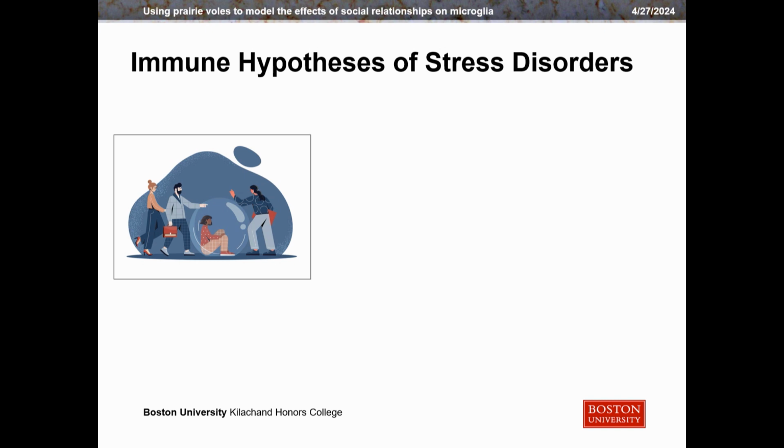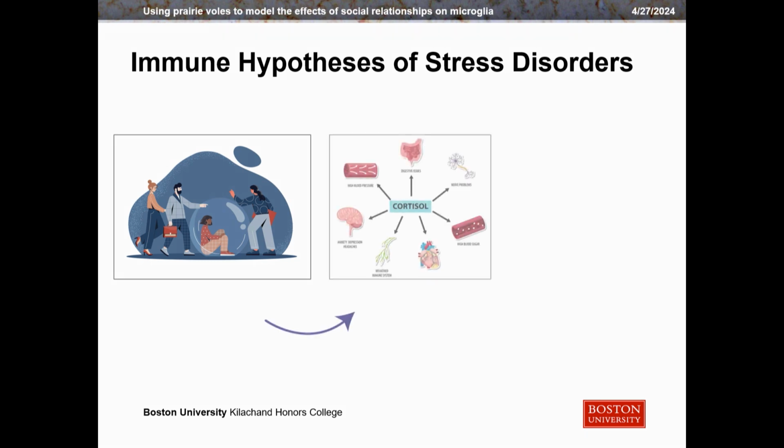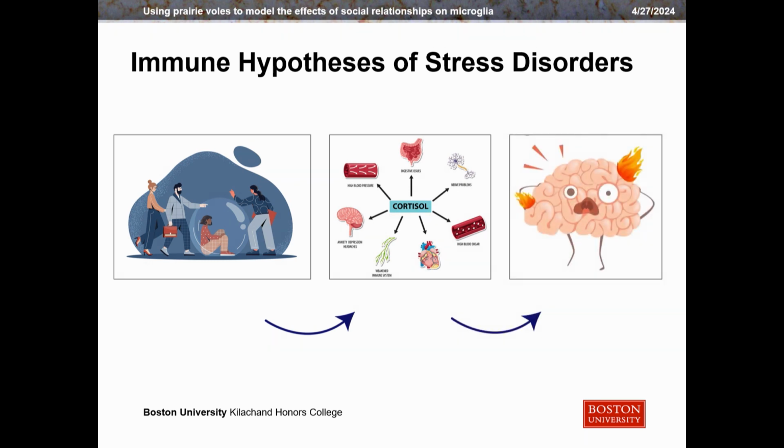Very quickly, I'm going to outline how immune hypotheses of stress disorders came to be and how this allows us to model social behavior. So, when we see symptoms such as social isolation in disorders of social behavior, that increases your body's release of the stress hormone cortisol. And one of the effects of having circulating amounts of cortisol in your body is increased inflammation.